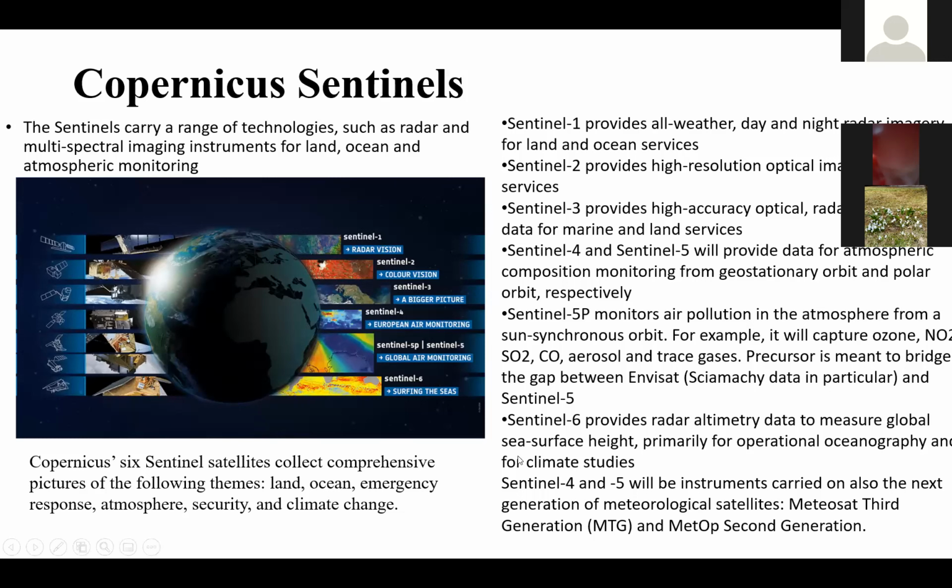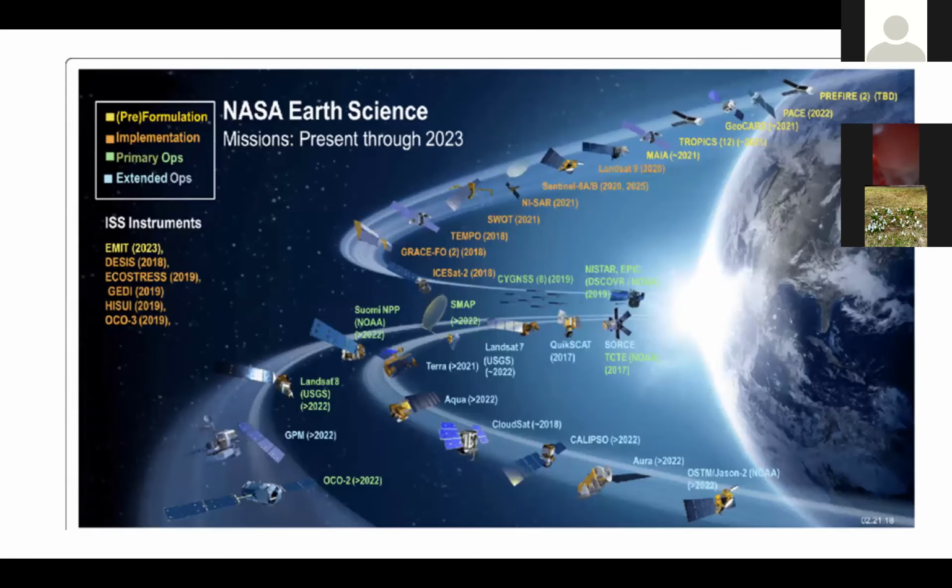What specifically has to be mentioned here is Sentinel-5P. It's the precursor for Sentinel-5, but this is the instrument which is already flying, and it provides information about greenhouse gases in very fine resolution. So it's now very, very popular, and the data are used in many applications.